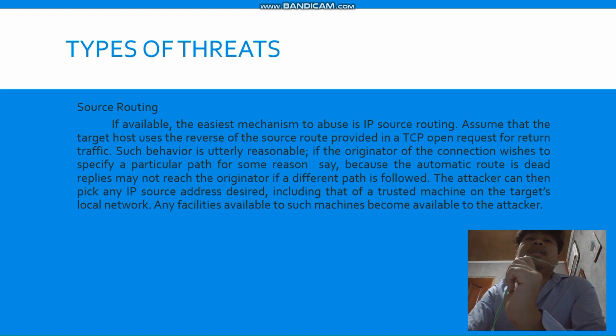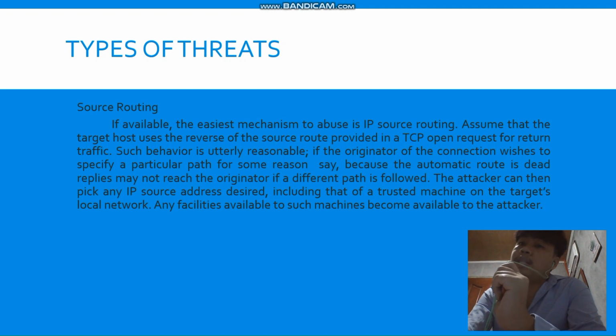If available, the mechanism to abuse is IP source routing. Assume that the target host uses the reverse of the source route provided in a TCP open request for return traffic. Such behavior is utterly reasonable if the originator of the connection wishes to specify a particular path for some reason.